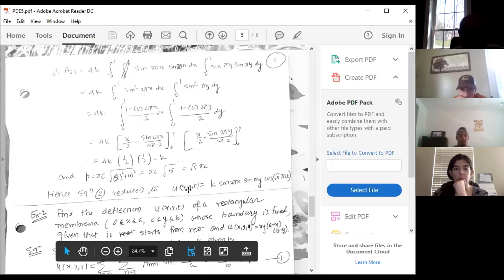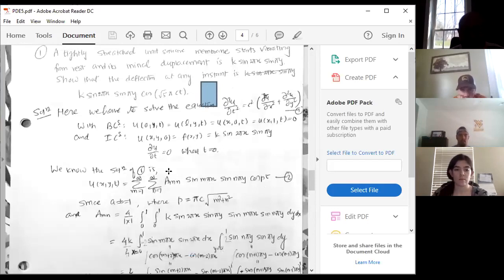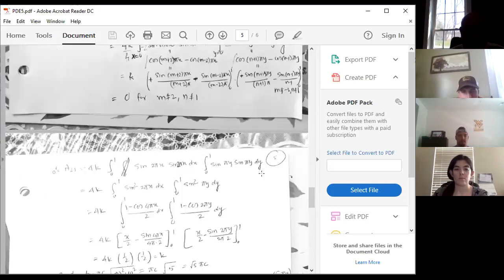My solution was u(x,y,t). Just plug in whatever you figured out, a21 and p, into your general solution. So the general solution was this one, u(x,y,t) equal to the summation of a_mn. Plug the value m equal to 2 here, n equal to 1 here, cosine p t, plug the value of p here, and you are done.